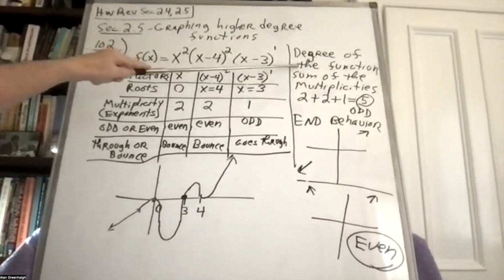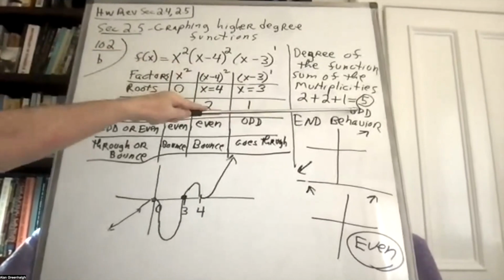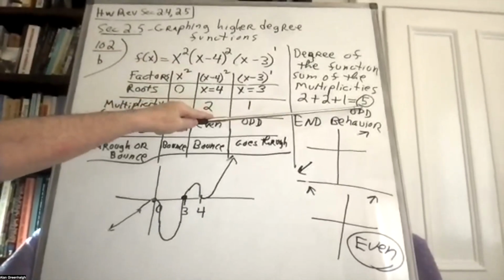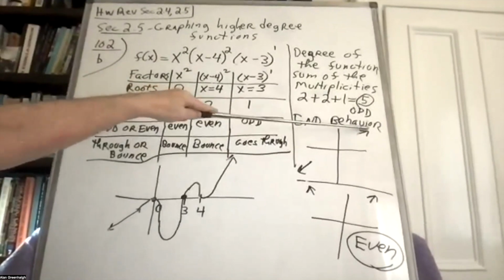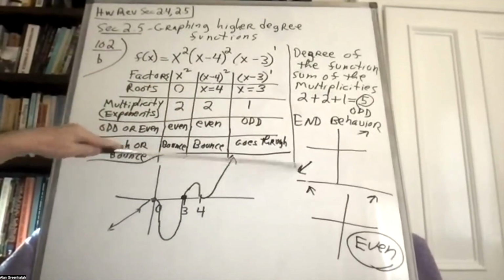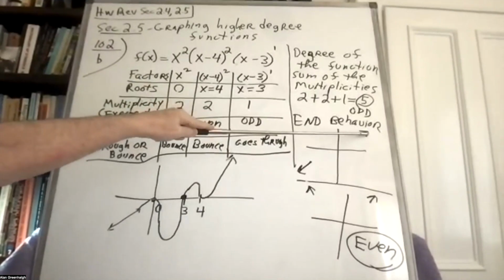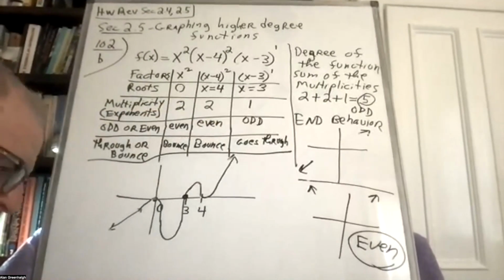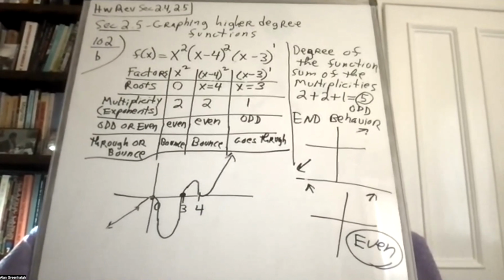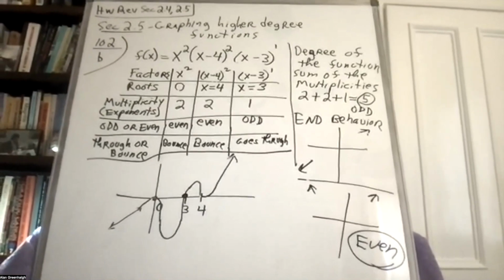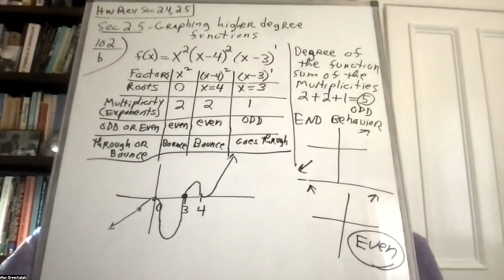You'll be asked to find the degree of the function, which was 5. You would then be asked to find the end behavior, which is, from here and here. And that will be the entire problem. So this is a very, very important question. And that's the problem we did yesterday in class during section 2.5.